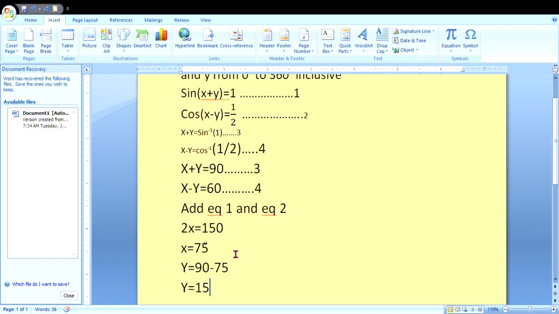So therefore, x is 75 degrees, while y is 15 degrees. Okay, so these are the two values of x and y in this equation.